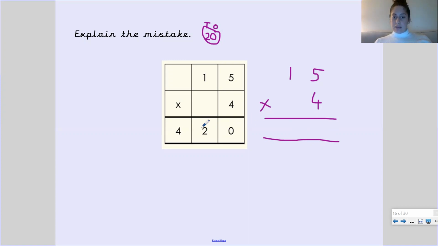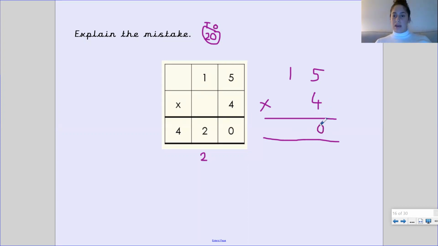Did you notice that instead of them exchanging the tens into the tens column, so by writing it underneath, they've actually written it as the answer for the tens. So how we would write it is 4 times 5 equals 20.